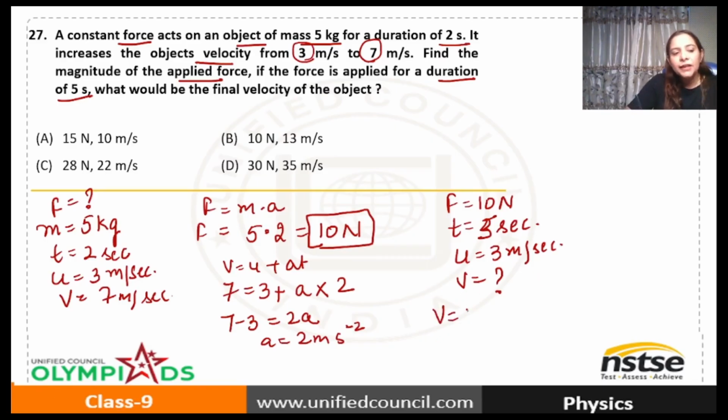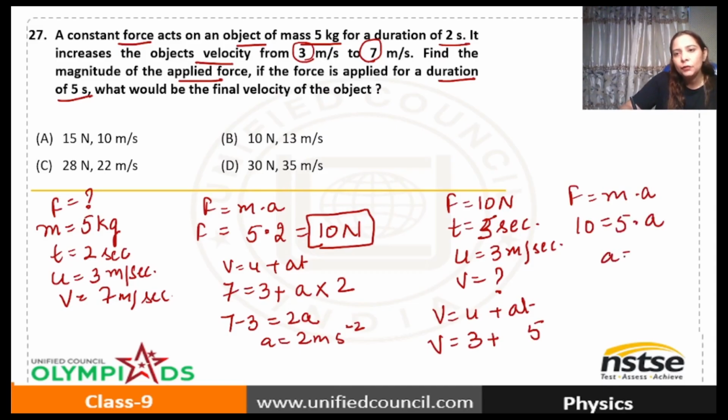We can use v is equal to u plus at. So what is v? We need to find. u is 3, time we have is 5, and a can be found by using F is equal to m into a. So it is 10, mass is the same, and a comes out to be 2 meter per second square.